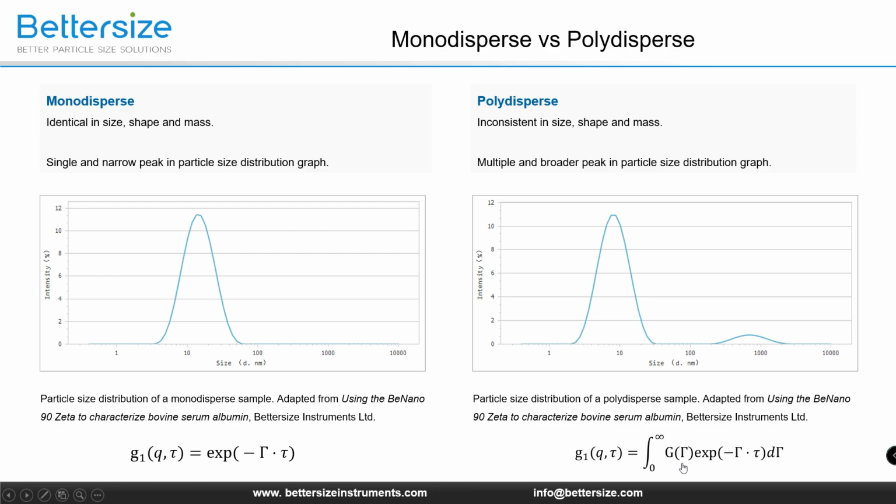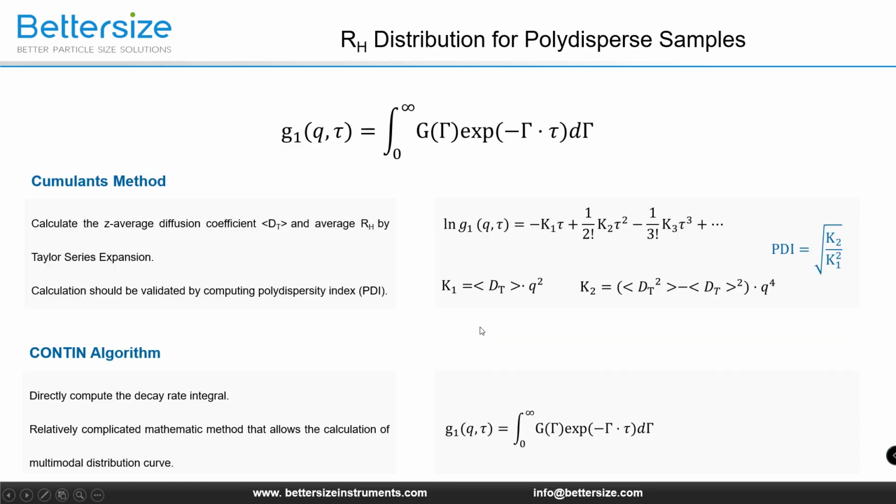If samples are polydispersed, the correlation function G1 is no longer a single exponential decay function, but an integral over the decay rate gamma. Two main mathematical algorithms are used to solve this integral. The first and most common one is the cumulants method.